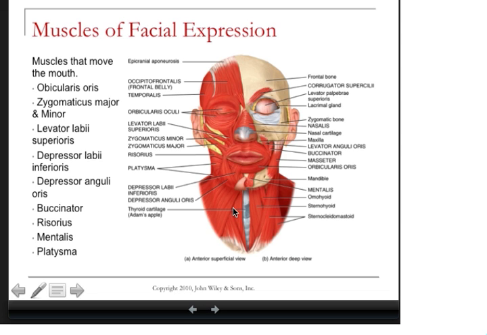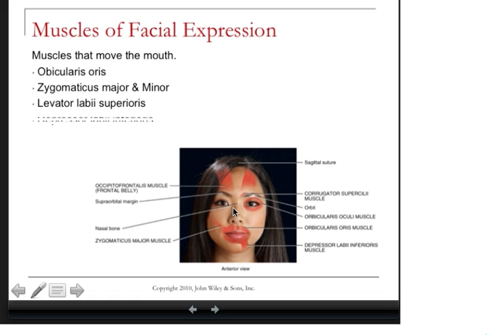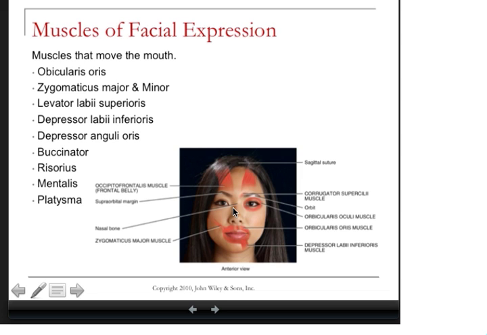Okay, so, all right, more muscles of facial expression. The orbicularis oris moves the mouth, as does the zygomaticus major and minor, and the levator labii superioris, and the depressor labii inferioris, the depressor anguli oris, the buccinator, the risorius, the mentalis, and the platysma.